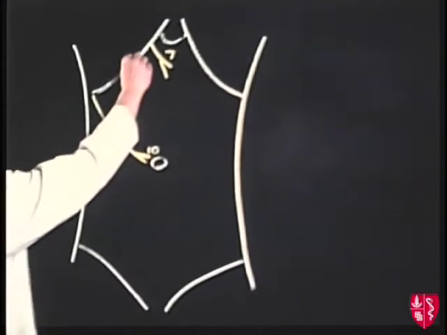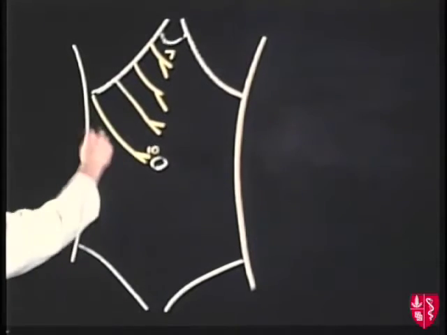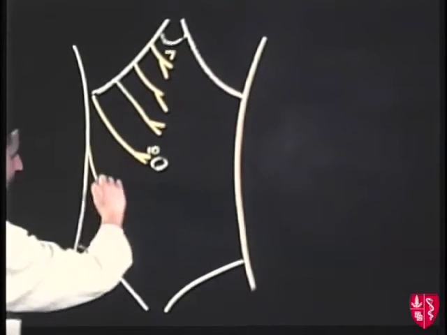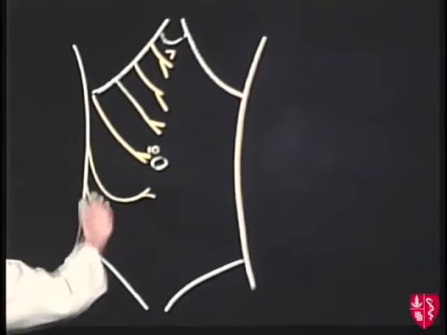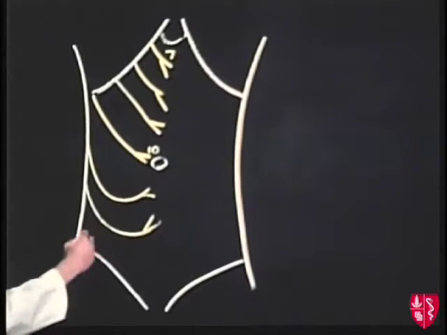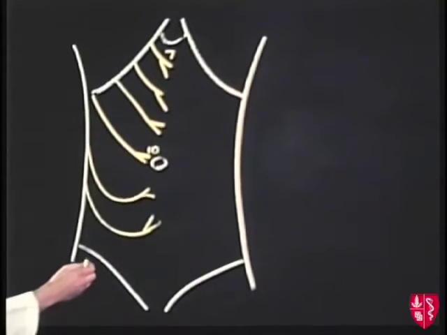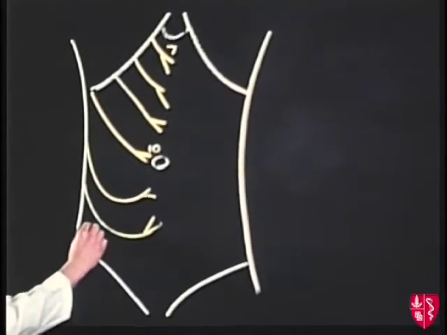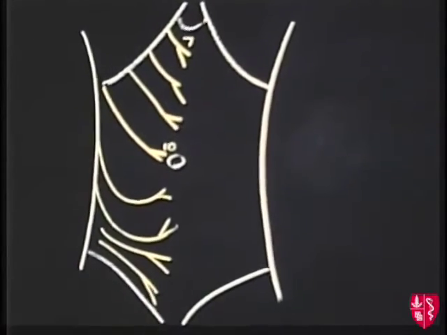So here then we have 8, and here 9, and then below this level we have coming round and sweeping up in that fashion the 11th, and then the subcostal nerve, 12, and lastly down here the first lumbar anterior ramus is represented by 2 nerves, the iliohypogastric and the ilioinguinal nerves.